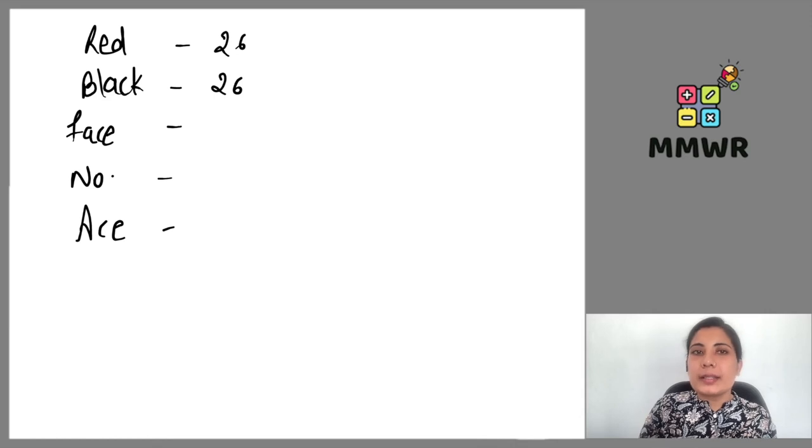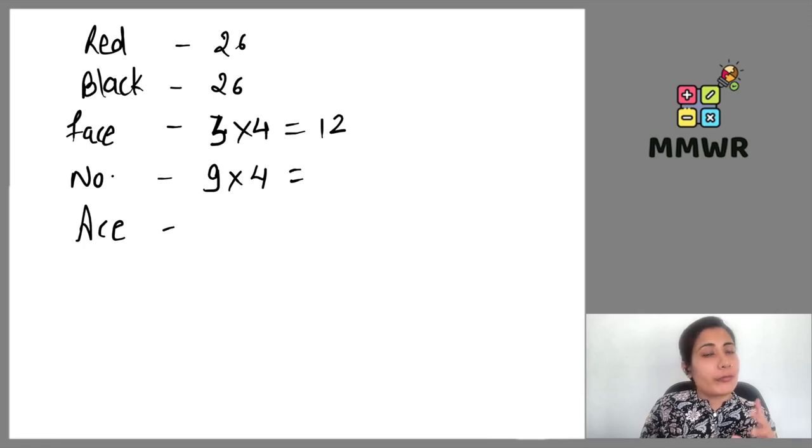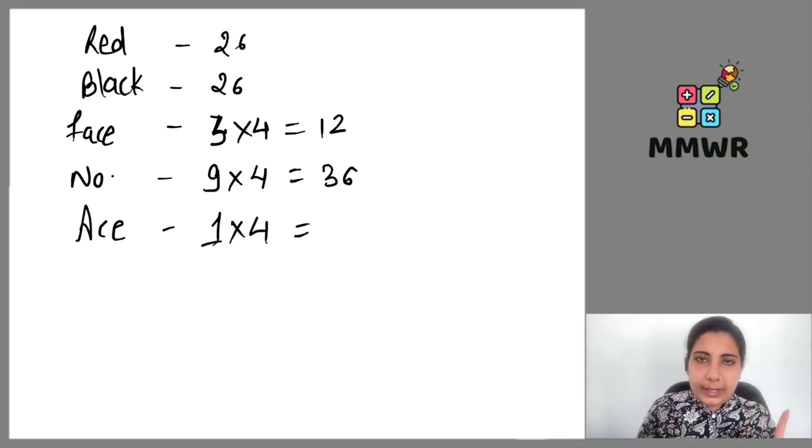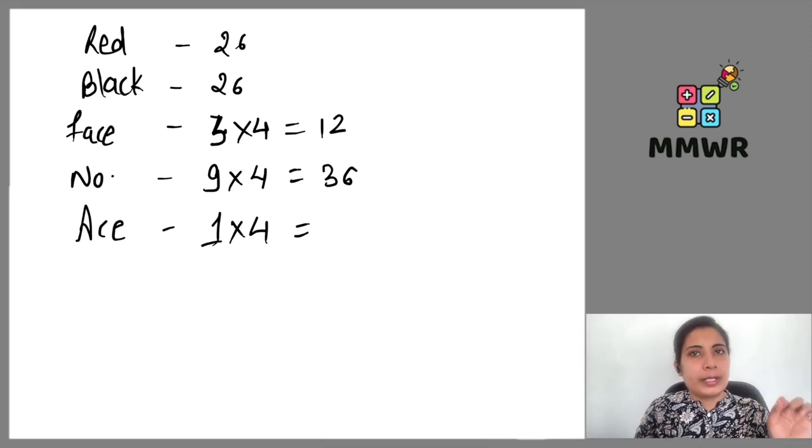How many face cards are there? 3 types of face cards are there, each one of 4 categories, 12 cards. Number cards, total 9 numbers are there, each one of 4 different types. So 36 number cards. Ace cards, total 4 ace cards are there. One A is written in one pattern with 4 different categories, so 4 cards are there.